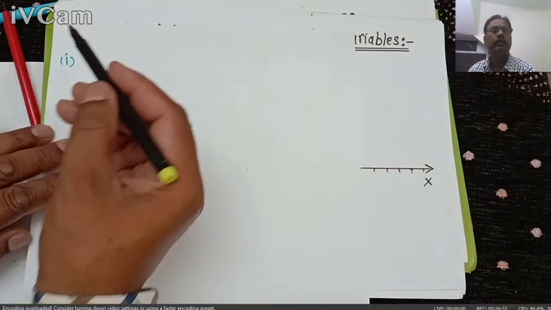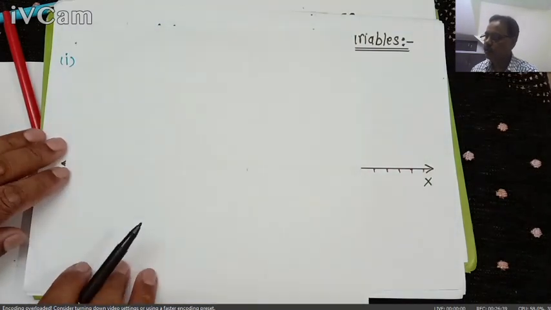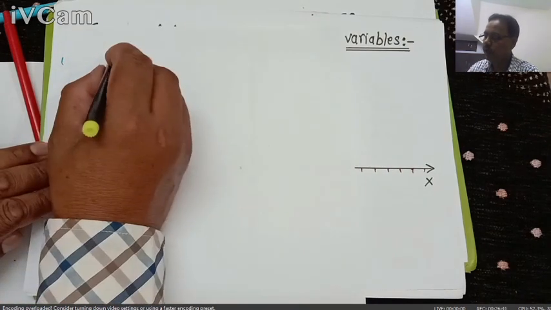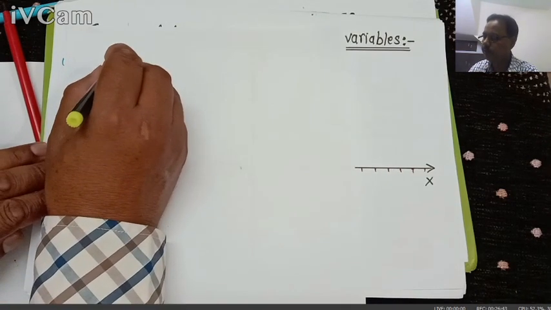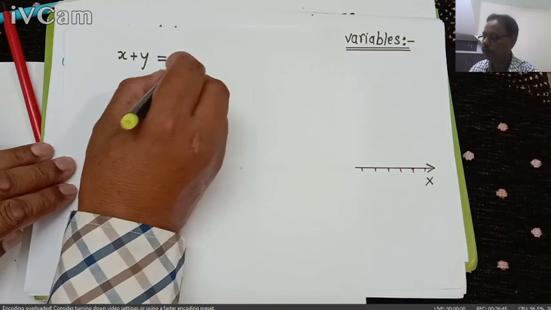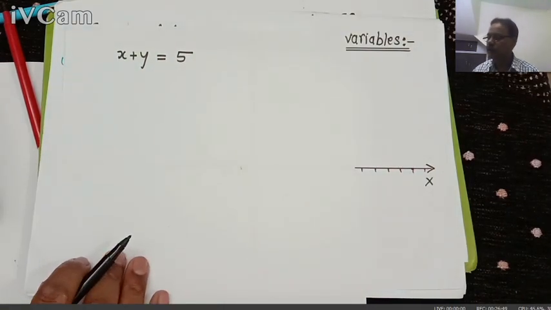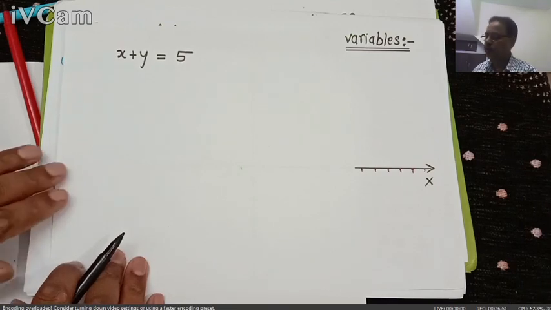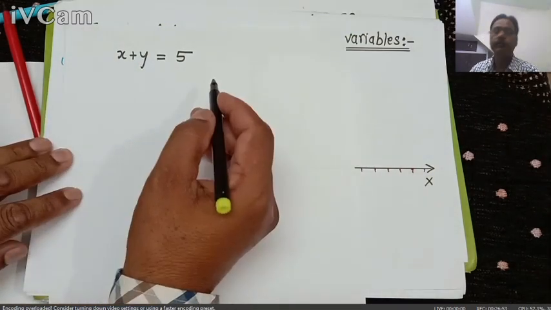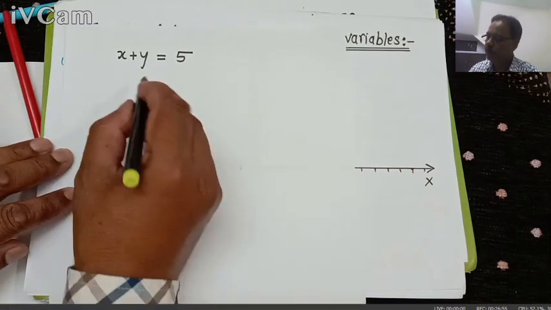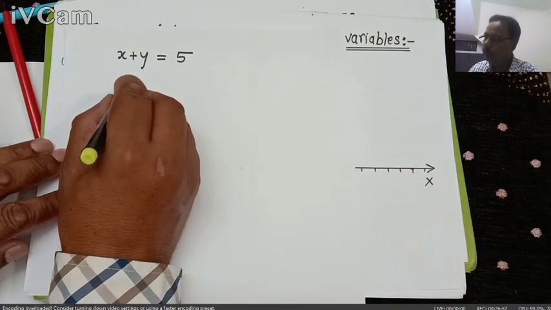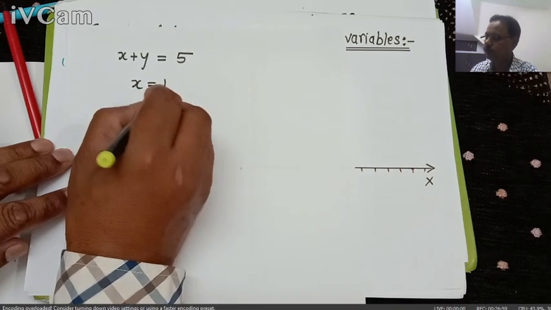First, the equation is x plus y is equal to 5. We are going to find out the 4 solutions of this equation. Again the same thing we are going to do. Here we are going to put x equal to 1.